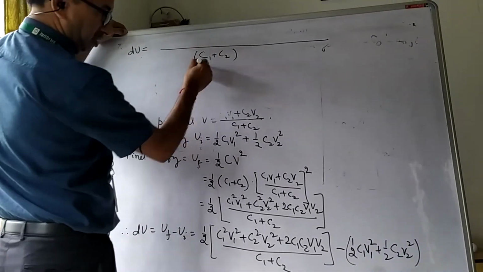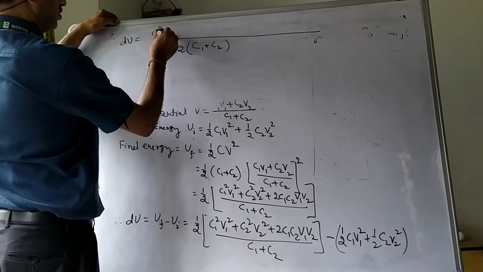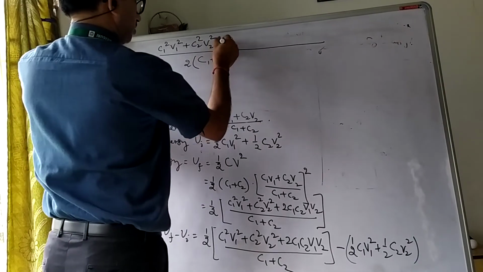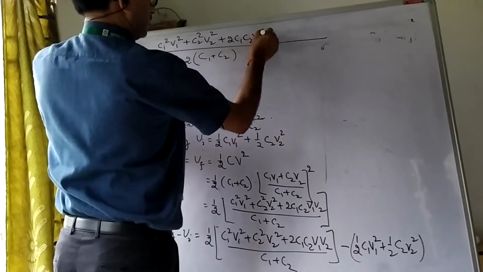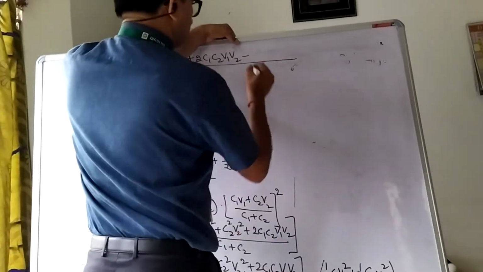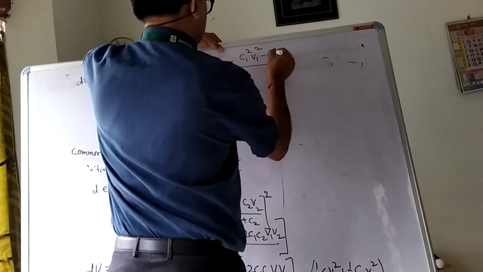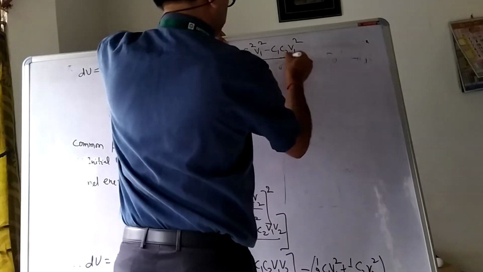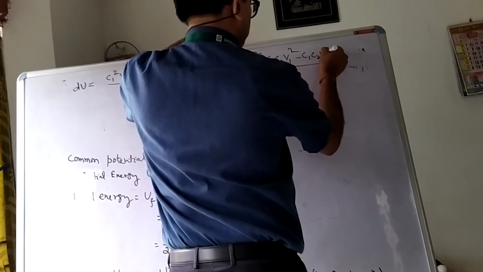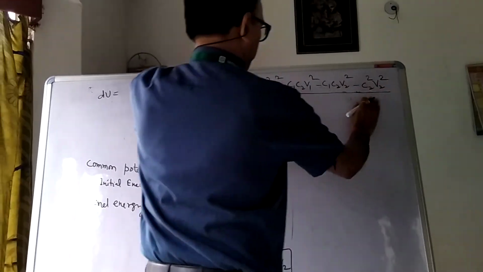C1 plus C2 is common to both, so it will become C1 square V1 square plus C2 square V2 square plus 2C1 C2 V1 V2, minus C1 square V1 square, minus C1 C2 V1 square, then minus C1 C2 V2 square, and then minus C2 square V2 square, right?